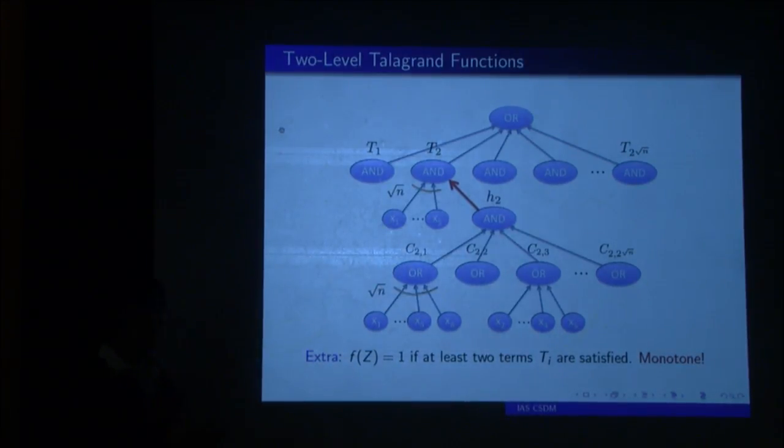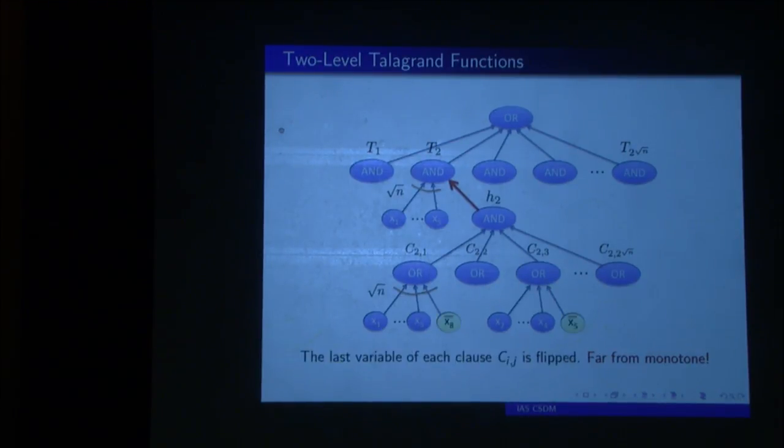In some sense, it's like an addressing function. The first layer really tells you which second level Talagrand function you need to look at. If you go through the first layer, the value is decided by the second layer. Maybe you don't even go through the first layer, then you don't really see anything from the second layer. We'll see that the non-monotone part only comes from the second layer.